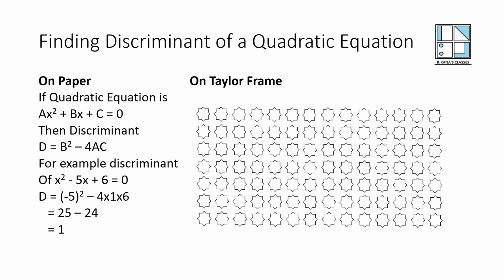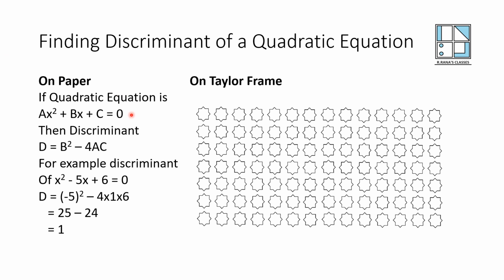Let us see how to find the discriminant of a quadratic equation. Discriminant of a quadratic equation is an important part of a quadratic equation as it is used to find roots of a quadratic equation and also the nature of roots of a quadratic equation.